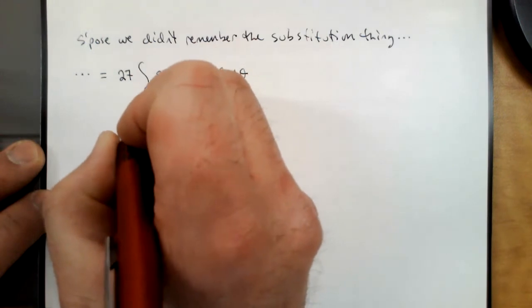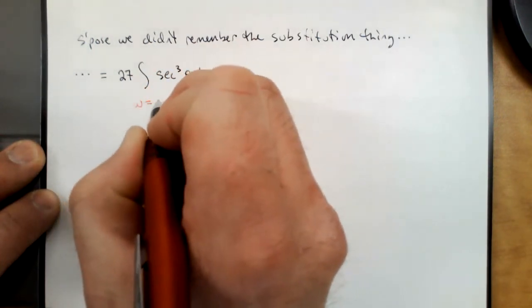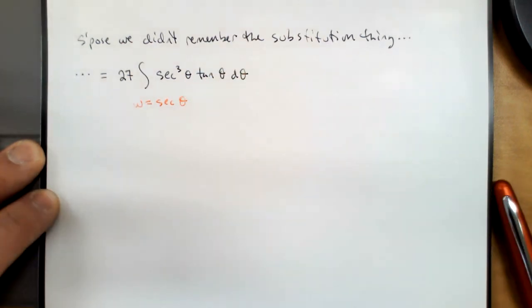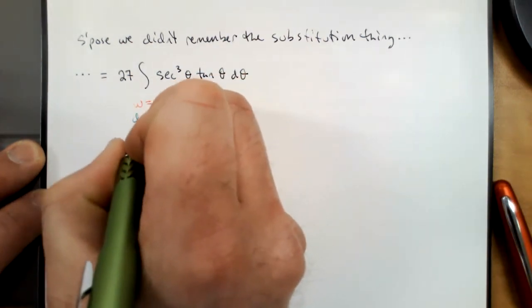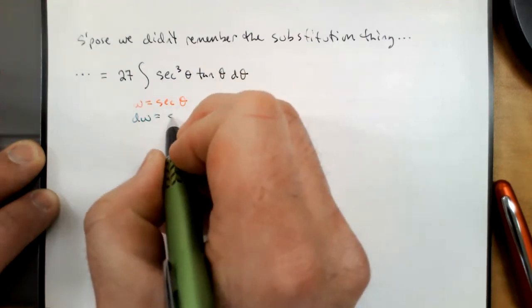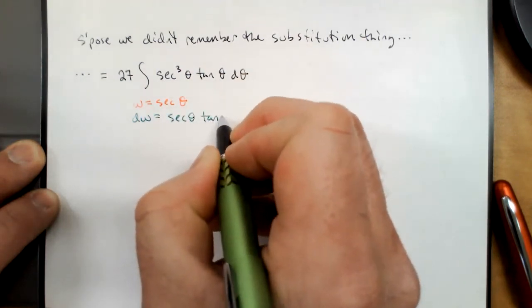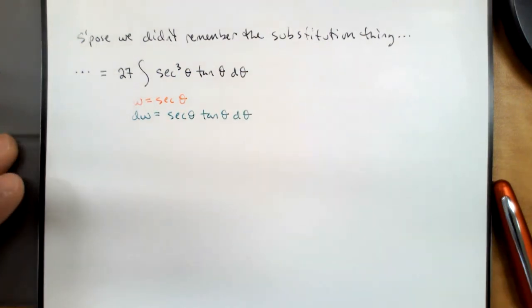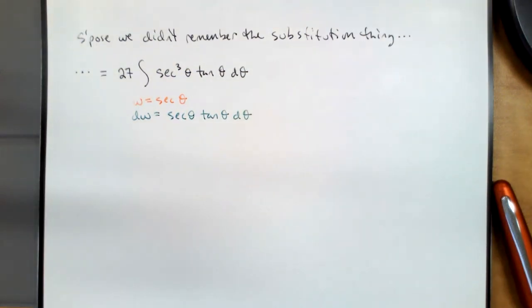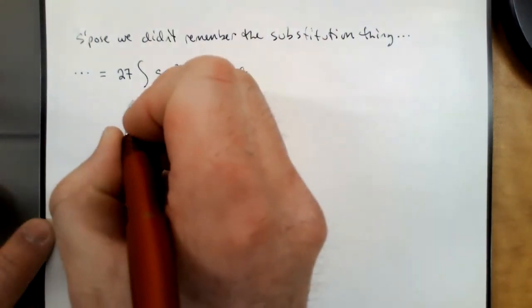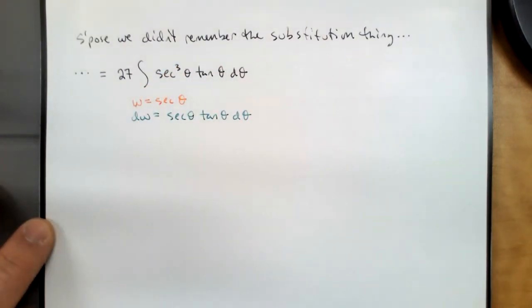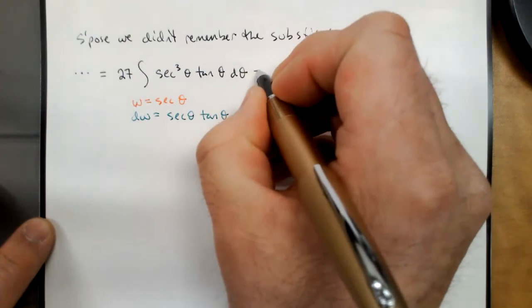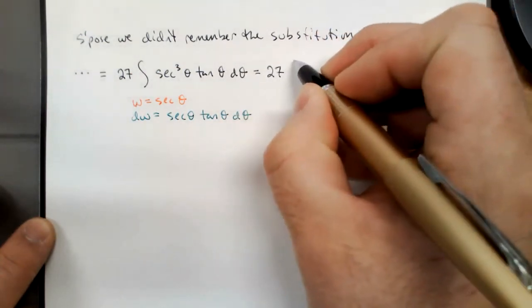So we're going to make the substitution W equals secant theta. Because our dW, this is how we're really deciding on what the substitution is. I've got enough parts to build a dW and have an even number of secants and tangents left over, or most importantly, an even number of tangents left over that I can convert to secants. I'm not going to have to in this case because there's only one tangent. So we're reading this as 27 times the integral of.